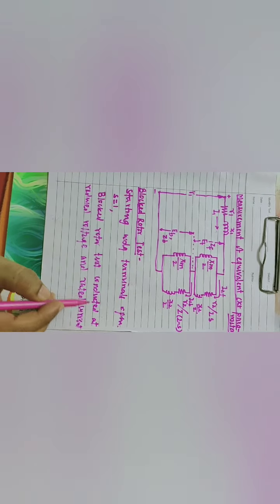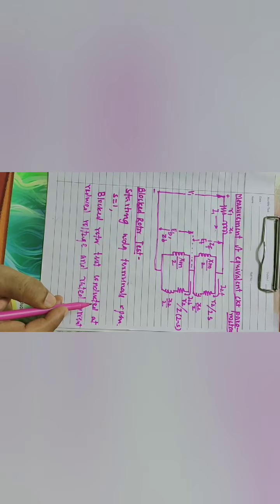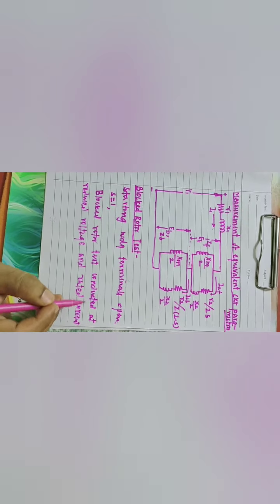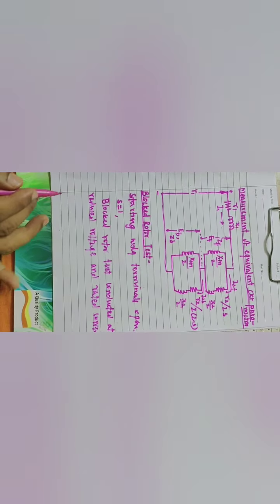So you open the starting winding terminals and increase the voltage gradually. When the ammeter reads the rated current, take readings.